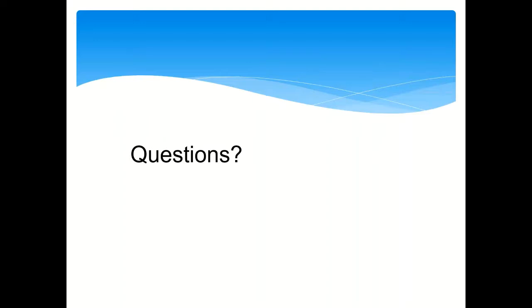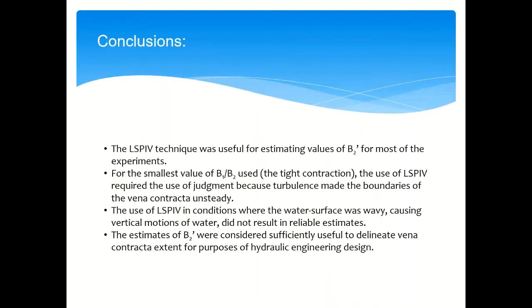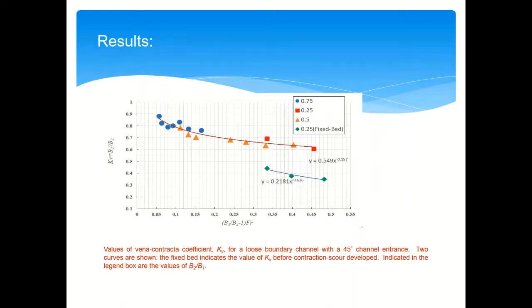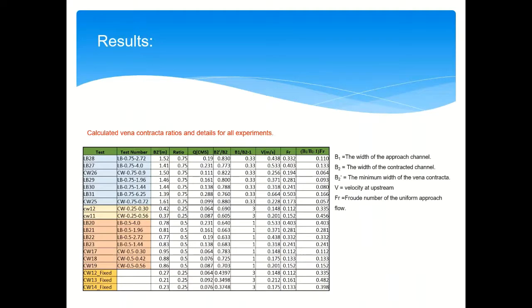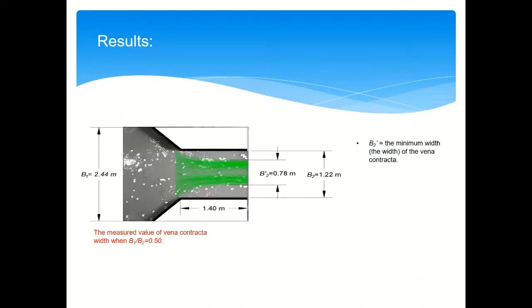Ali, did you consider using more pieces of paper when you were doing the LSPIV? You mean the number of papers that we use for seeding the flume? Yes, exactly. The small particles of paper that you use to measure the surface velocity. Yeah, we use lots of paper.